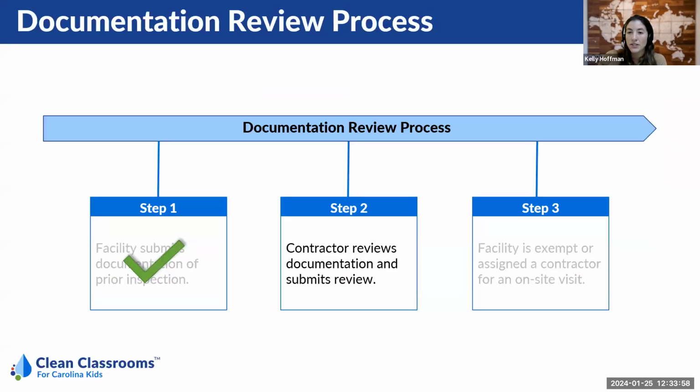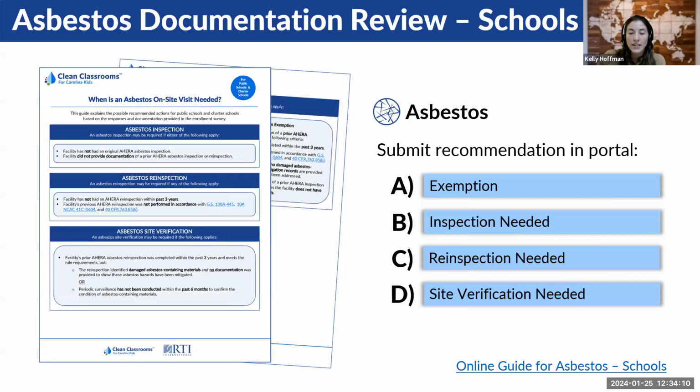After the facility uploads their documentation, RTI assigns a documentation review job to receive recommendations from the contractor on next steps for the facility. During an asbestos documentation review job for a school, the assigned contractor will review the documentation and complete a survey in the portal to recommend either an exemption, meaning that all requirements were met and no on-site visit is required, or recommend that an inspection, re-inspection, or site verification is still needed.